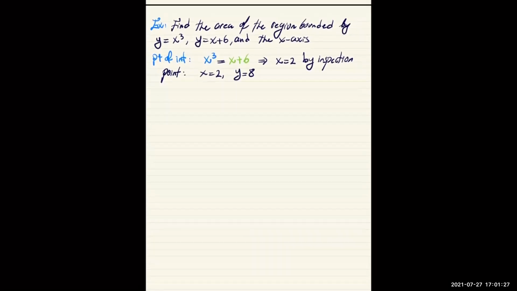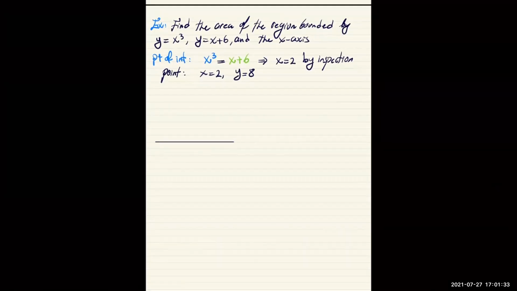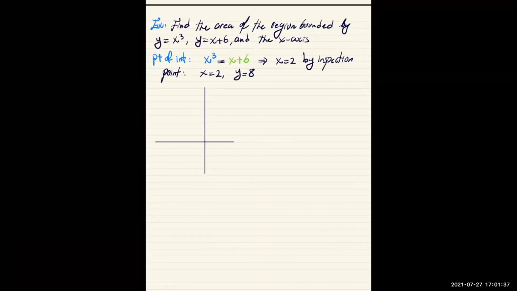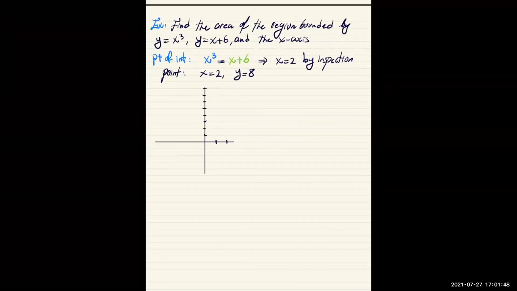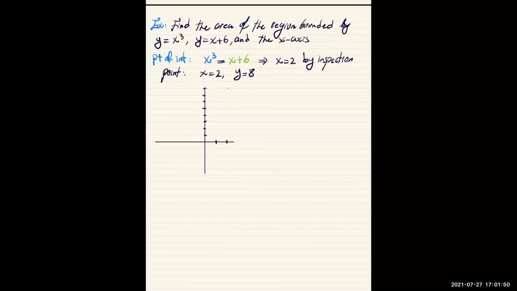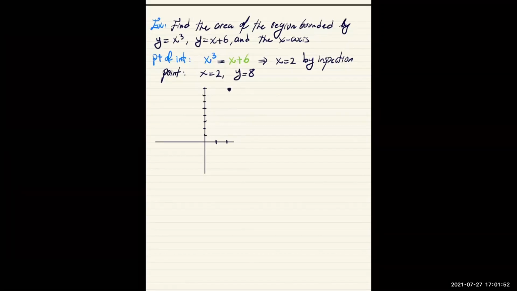And then quickly draw the graph. Okay, so (2, 8) is going to be on the graph. 1, 2, 3, 4, 5, 6, 7, 8. This point is on both graphs.